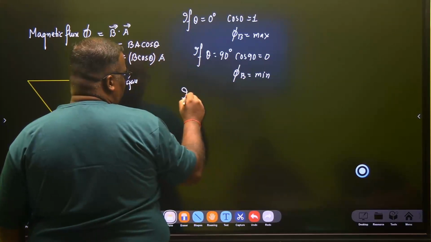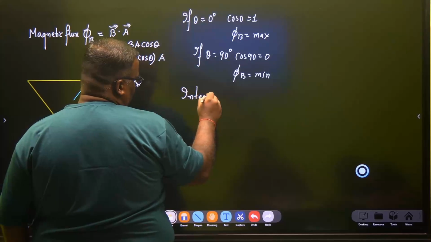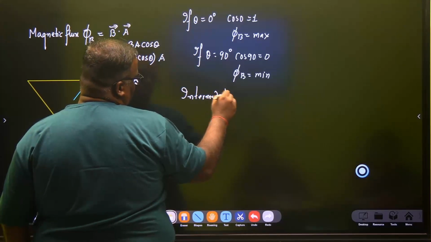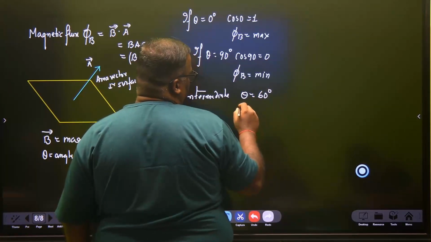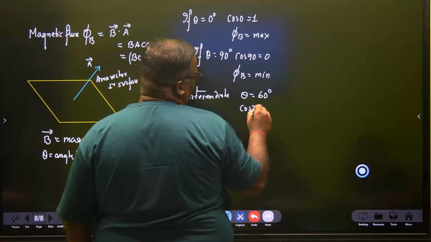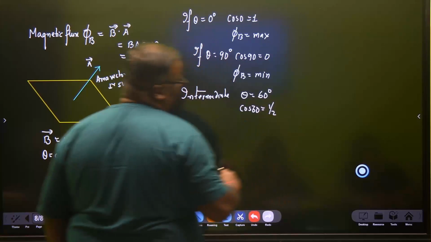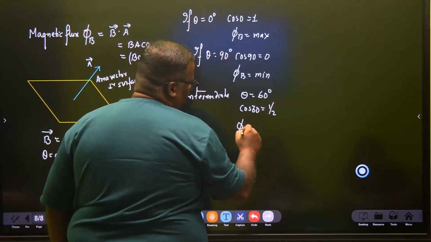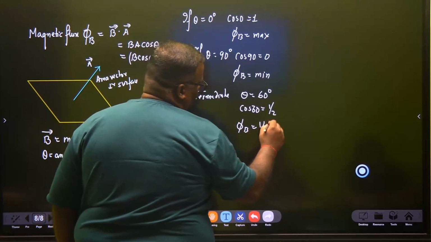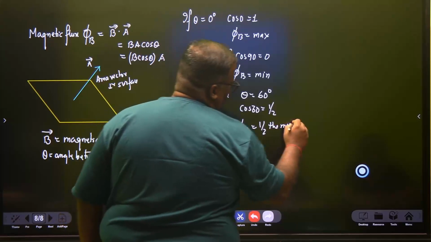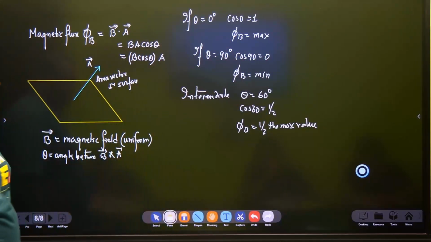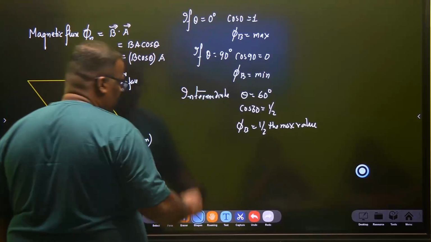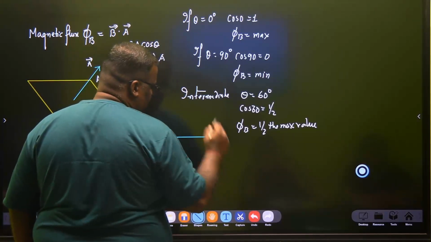And then we can have some intermediates also. Something like, say, theta is equal to 60 degree, then cos 60's value is how much? Half. So phi B is equal to half the max value. Yes or no?